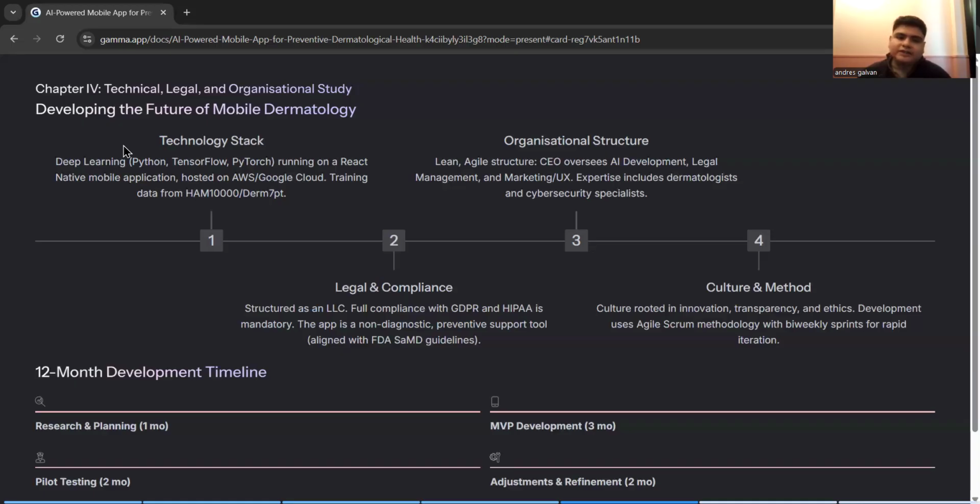Now moving to the legal study, I'm not trying to make this too long. This project will operate as a limited liability company. This protects the founders and assets from future investment risks.